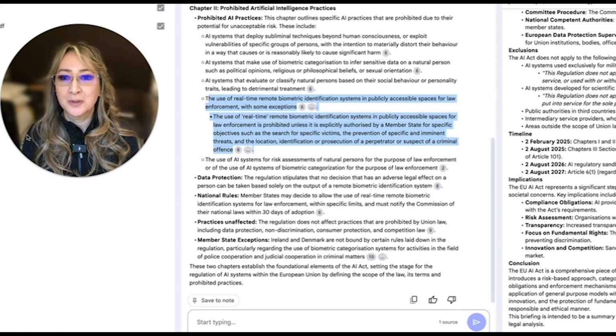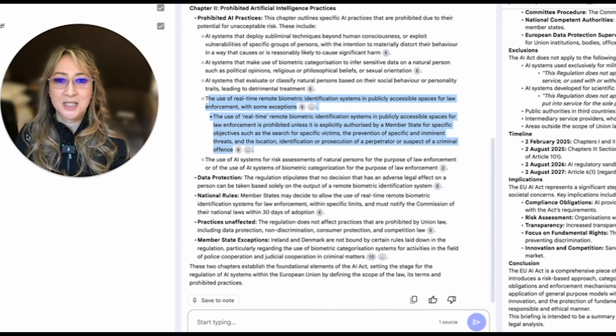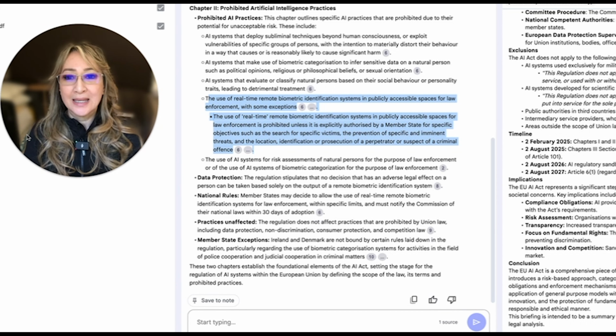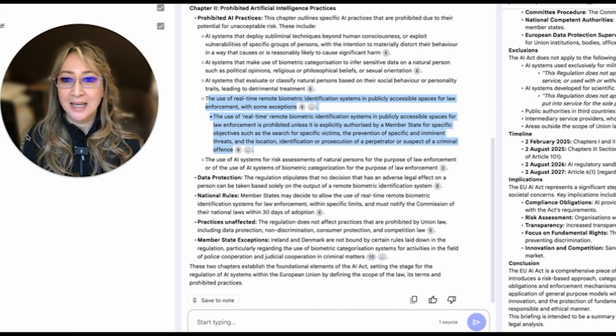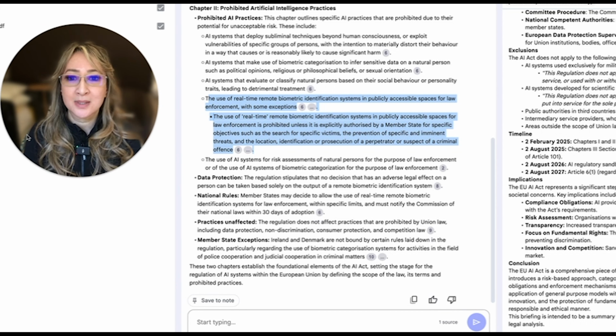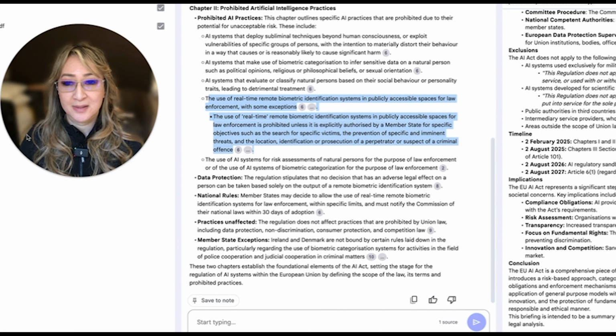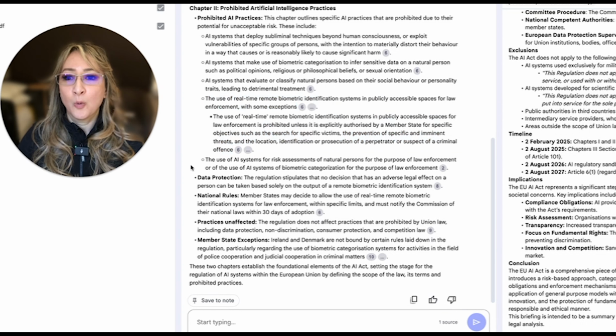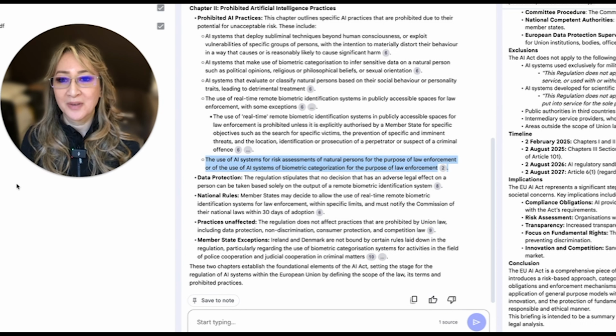The use of these systems is prohibited unless it is explicitly authorized by a member state for specific objectives, such as the search for specific victims, the prevention of specific and imminent threats, and the location, identification, or prosecution of a perpetrator or suspect of a criminal offense.